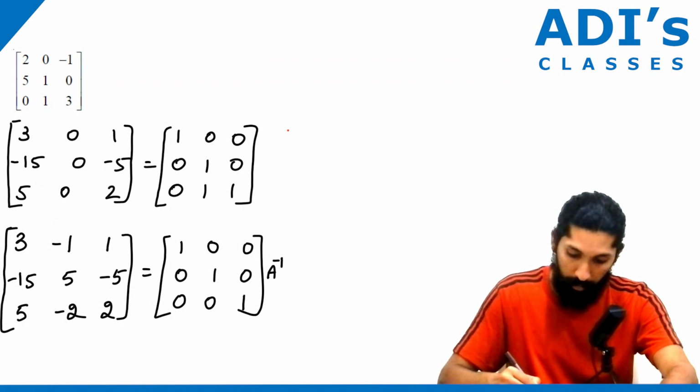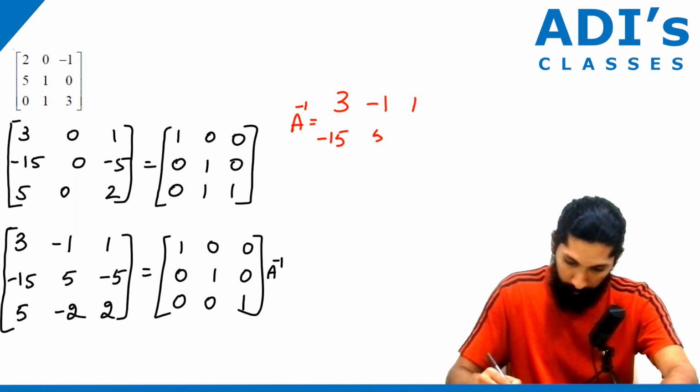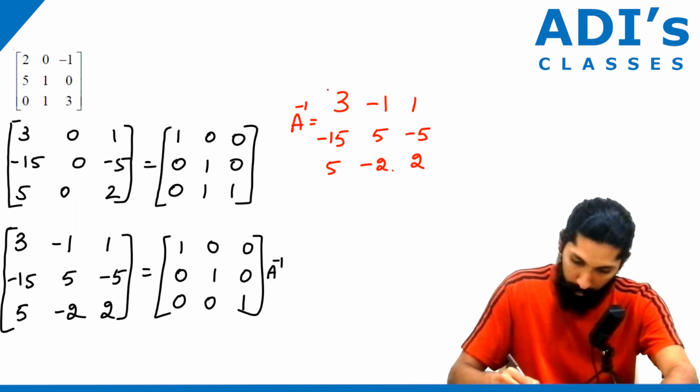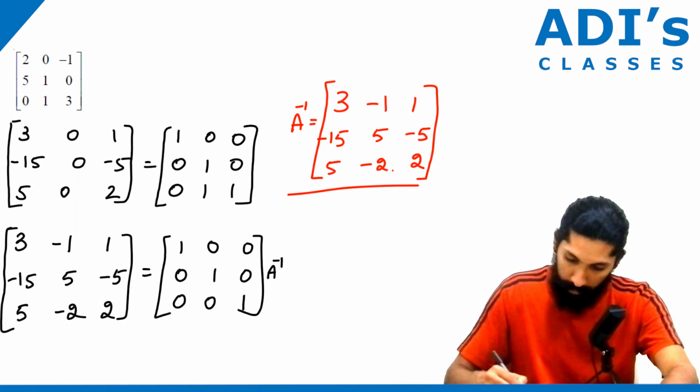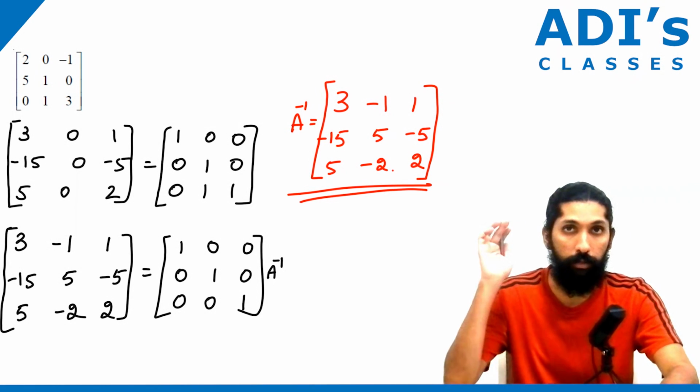Therefore, A inverse is equal to 3, minus 1, 1, minus 15, 5, minus 5, 5, minus 2, 2. So this is going to be the final answer. A inverse is given to be this one.